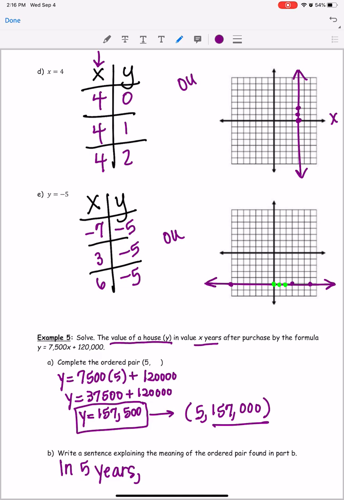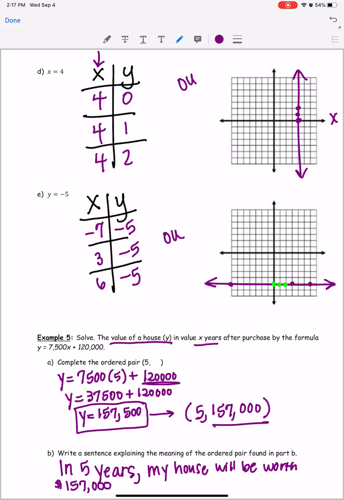My house will be worth, we're talking about money, $157,000. There is one more thing we need to talk about. So we've got the X, we've got the Y in there.